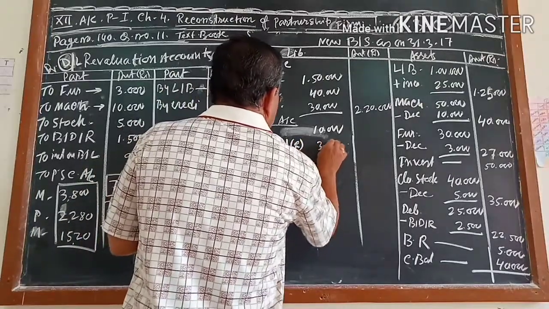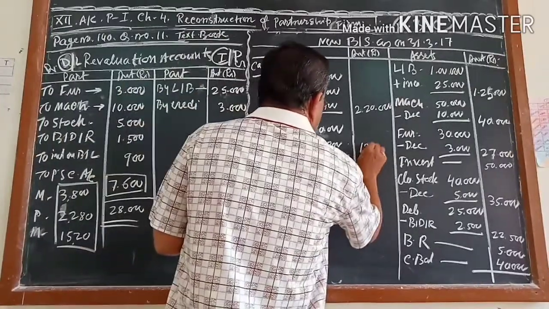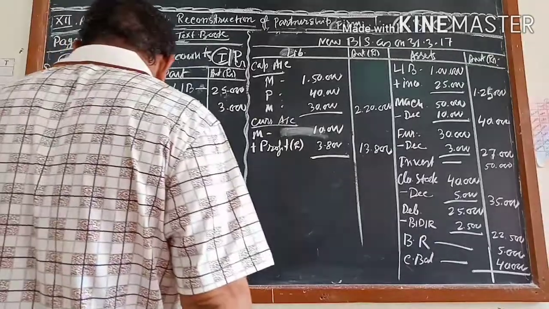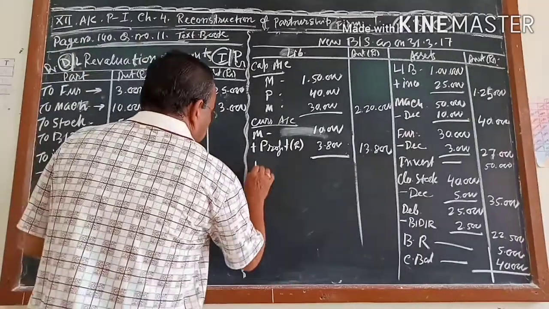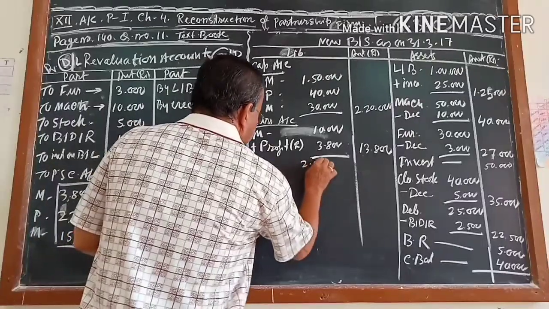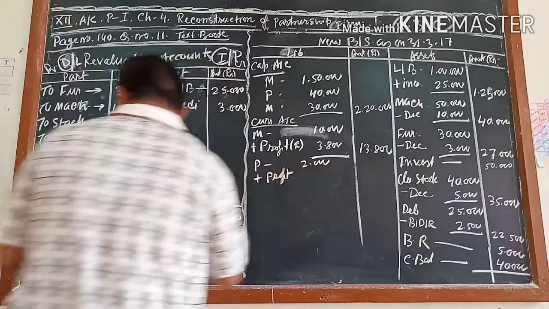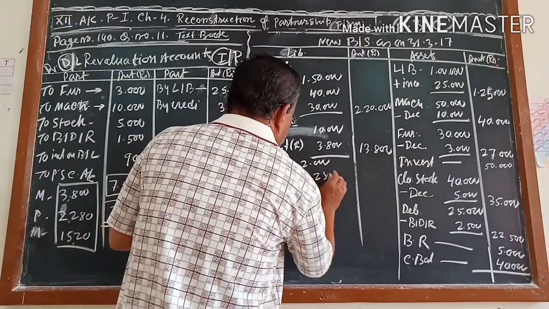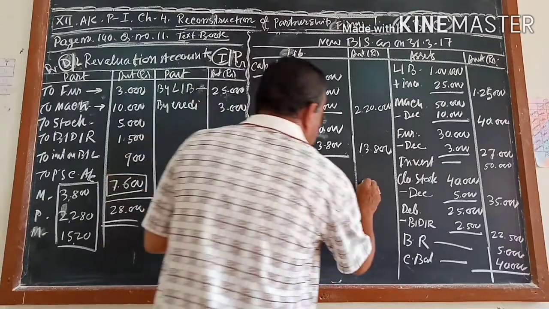How much? 3,800. And you are getting 13,800. Similarly for P, it is 2,000 and add profit, how much? 2,280. That means 4,280.